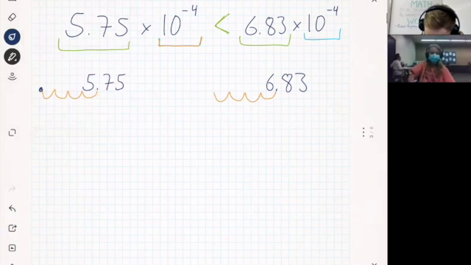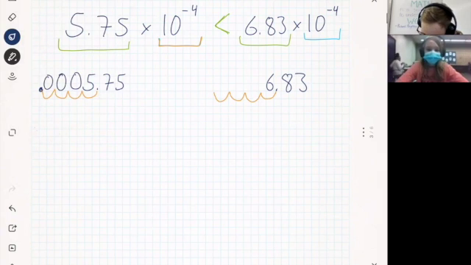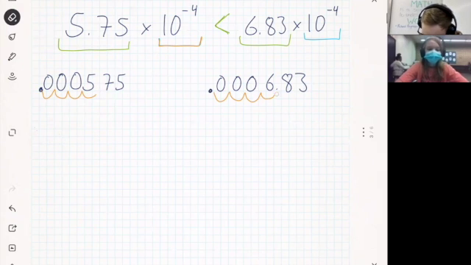Our decimal there. Let's fill in those zeros so we see what this number actually is. And get rid of that first decimal because we've converted it now. Okay, so here we have 0.000575 on the left and 0.000683 on the right.